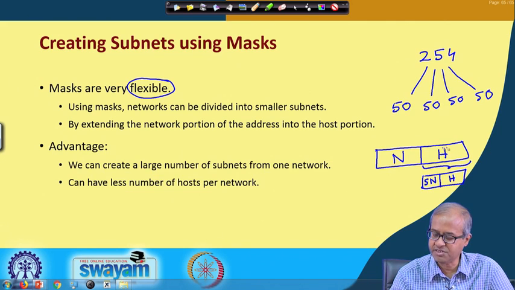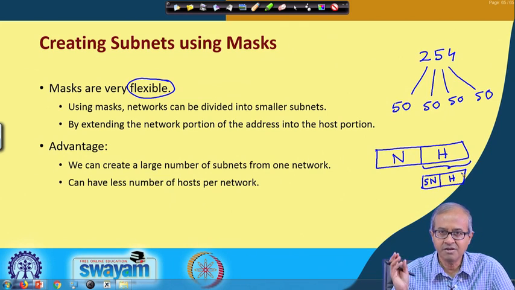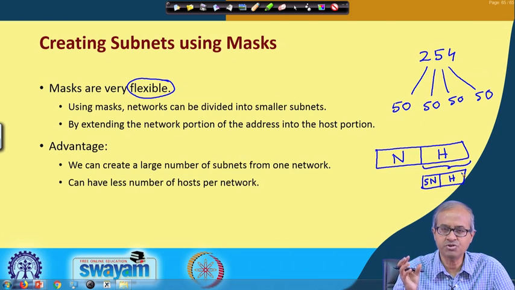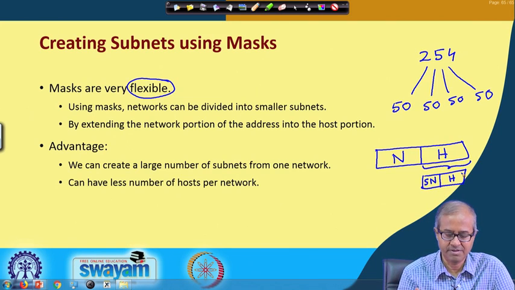Some of the bits of this host part we use to identify the subnetwork number, and the remaining bits to indicate a host within the identified subnetwork, right.